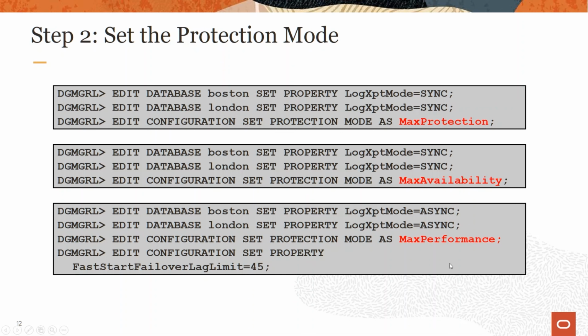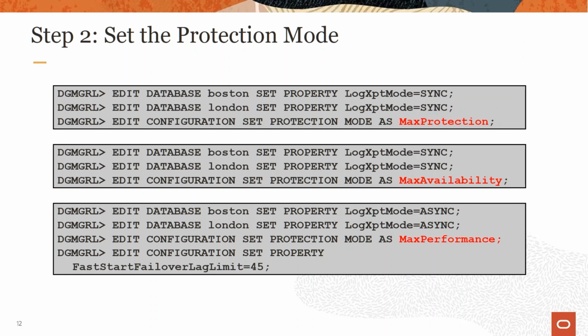In order to configure fast start failover for maximum performance data protection, set the fast start failover lag limit, meaning that if a fast start failover condition is met and it's about to initiate fast start failover, instead of initiating immediately, check the apply lag in the current standby database, which is the fast start failover target.